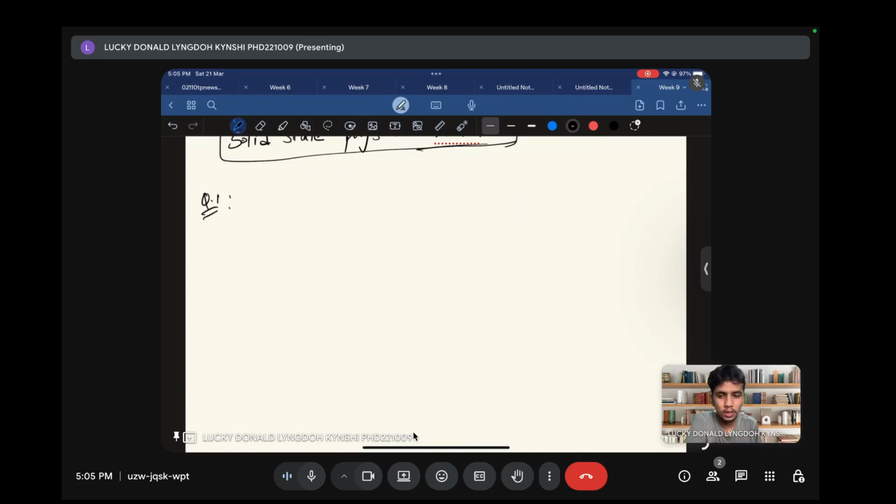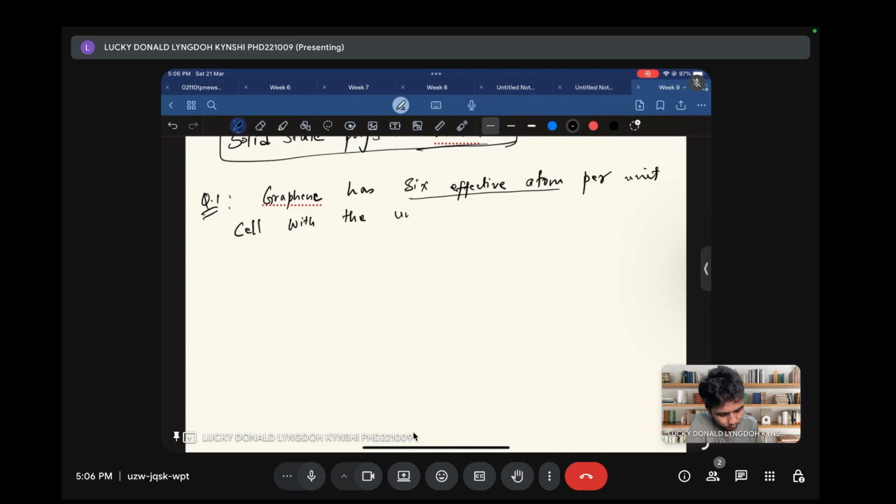If you look at question number one, it is related to graphene, which says that graphene has 6 effective atoms per unit cell, with the unit cell area given by 3 root 3 divided by 2 a square.